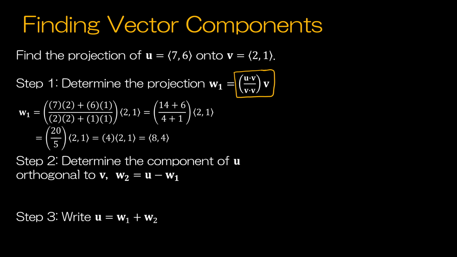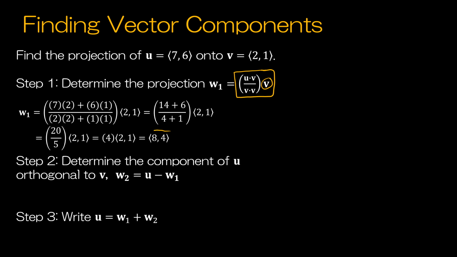So I'm going to take the dot product of u and v. So 7 times 2 plus 6 times 1 over 2 times 2 plus 1 times 1. And then again times vector v, which is 2, 1. So 14 plus 6 divided by 4 plus 1 is 4, times 2, 1, which is 8, 4.